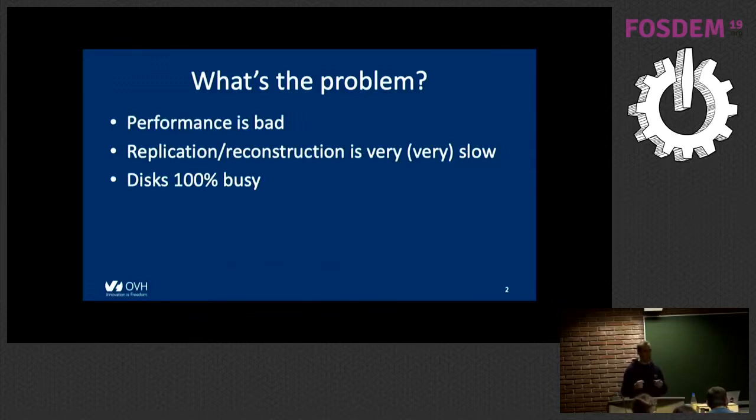For example, if you replace a failing hard drive, you need to rebuild the data on it, and it was very, very slow. And finally, we observed that our disks were always 100% busy, which, if you think of it, is the root cause of the two points right above.